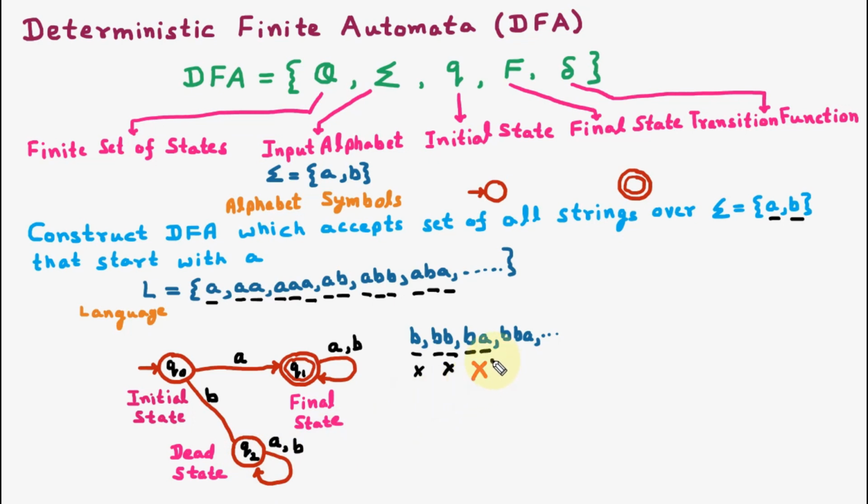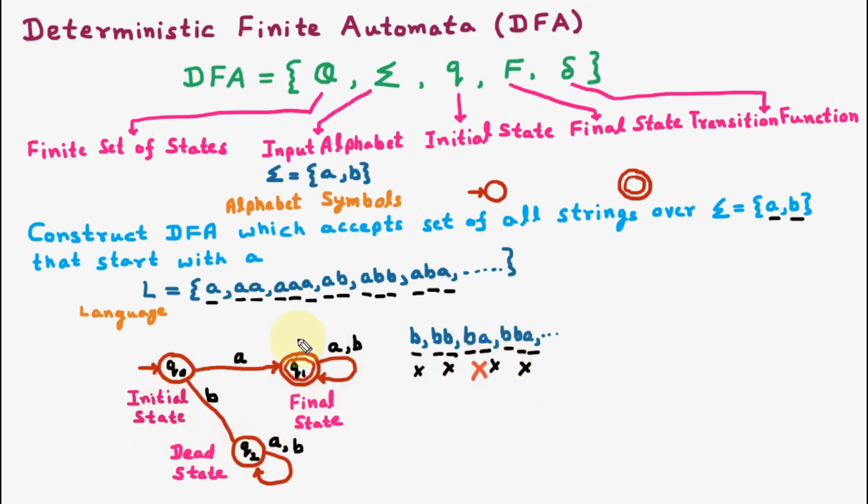So this string will not be accepted. The next string is BBA. For the first B, from initial Q0 we come to Q2. For B, we again come back, and for A, again we come back. So this is the dead state. This will also not be accepted.